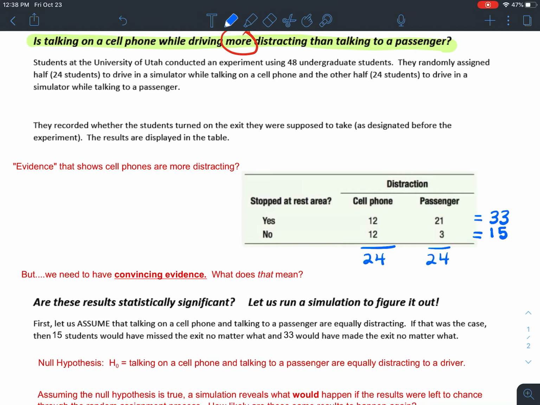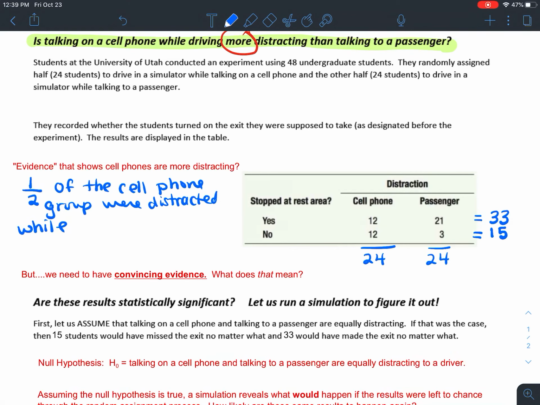Okay? So the question is, is there any evidence in this table that shows that cell phones are more distracting than passengers? Well, we certainly could look at this and say, look, there were 24 in the cell phone group. 12 of them totally missed the exit. So half of the 24, half of the cell phone group, were distracted.